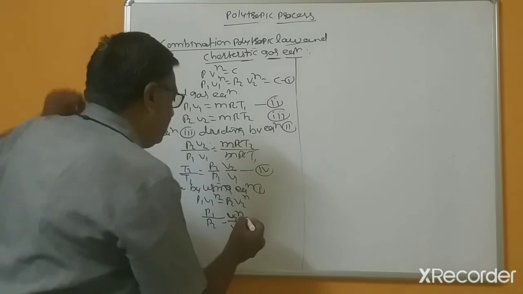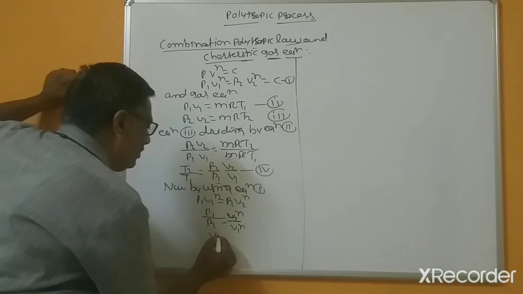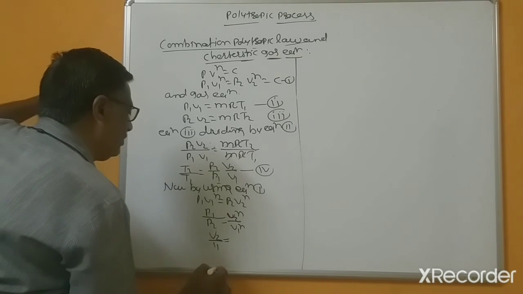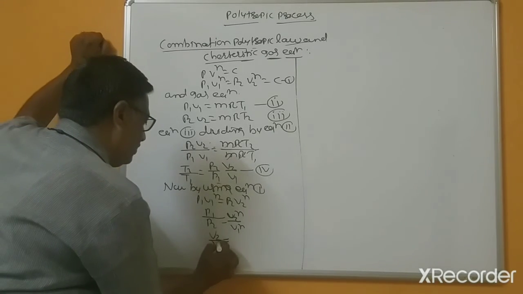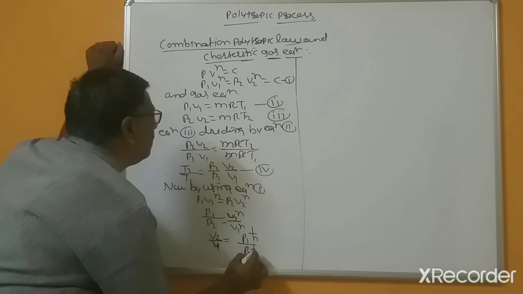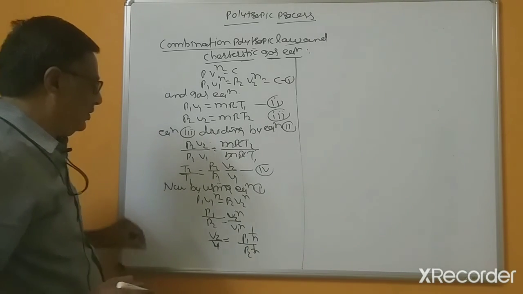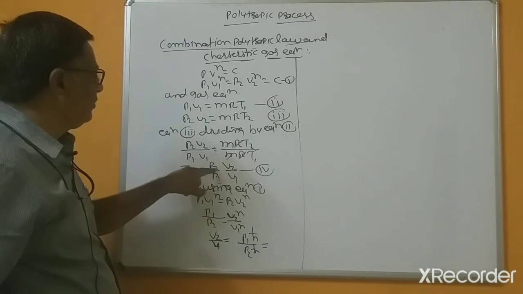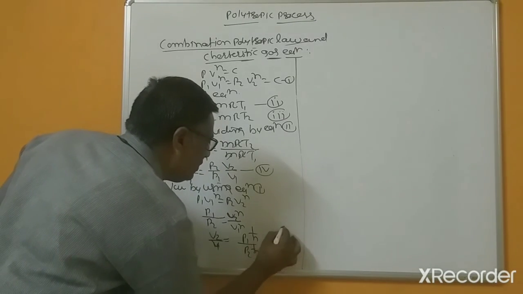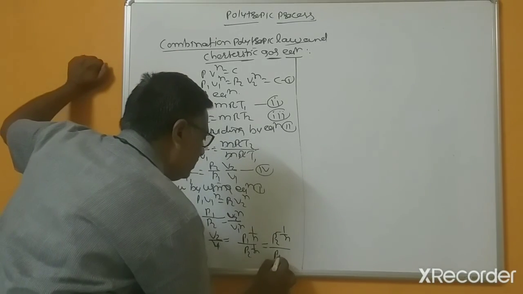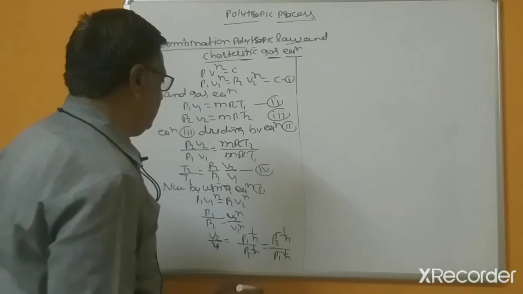Now same we can write, this is V2 divided by V1 equal to P1 raised to 1 by n divided by P2 raised to 1 by n, or otherwise this is P2 raised to 1 by minus n and this is P1 raised to 1 minus n.